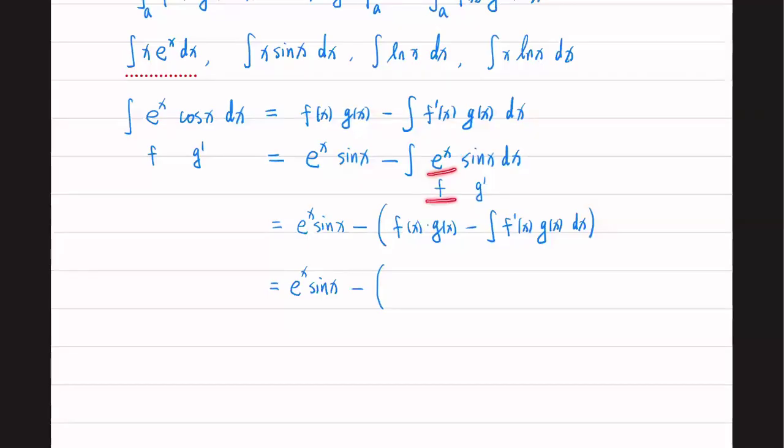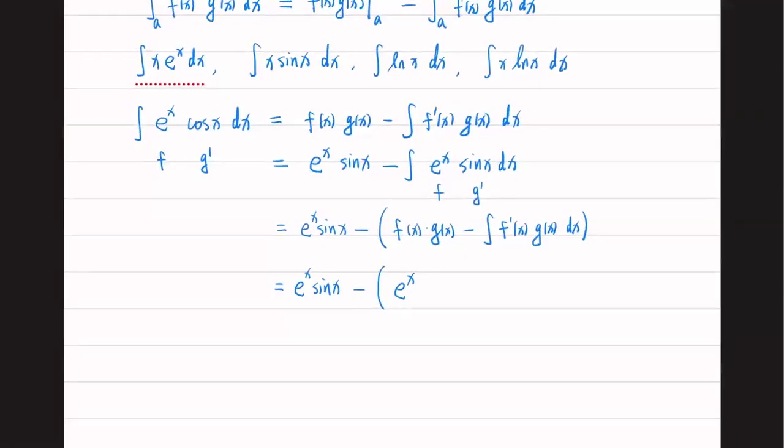F is easy, oh yeah, e to the x, okay. What is g? Derivative is sine. Negative cosine x. Negative cosine x minus f derivative still is e to the x. G is negative cosine, with plus.